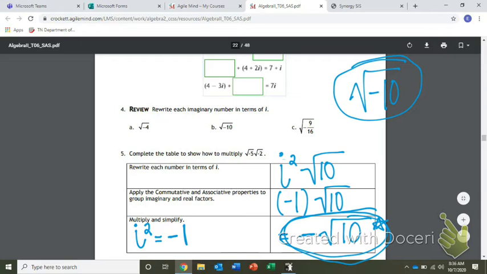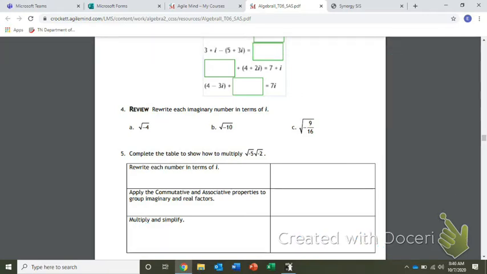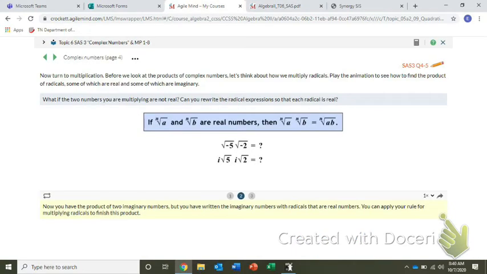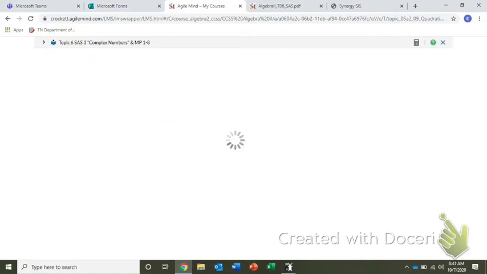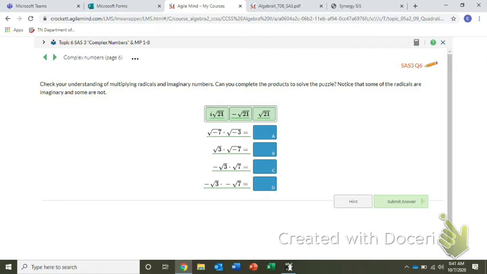All right, number 6. Okay. Let's see. We have first the square root of negative 7 and the square root of negative 3.